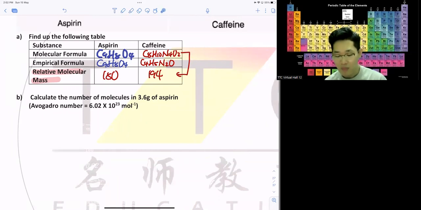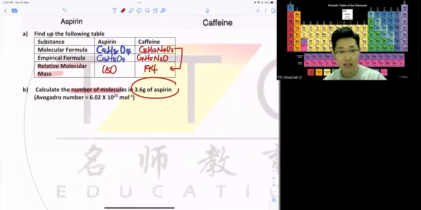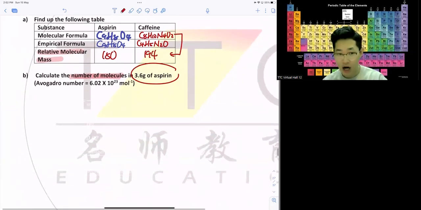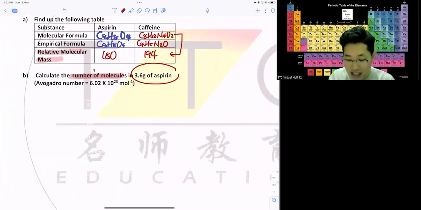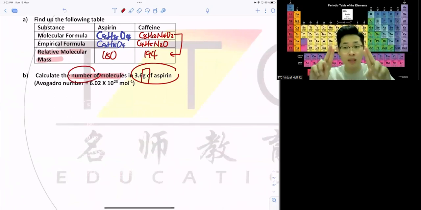Calculate the number of molecules in 3.6 grams of aspirin. Can you all please try this question? You see, there is number, there is mass. So use the two formulas to find out the answer.